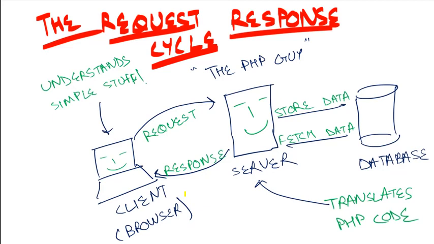And the client unfortunately cannot understand PHP. It can understand simple stuff like HTML and CSS, or maybe some client-side scripting languages like JavaScript, but it cannot understand PHP. So if a client requests a page, and if there is some PHP code in it, then the server has to first parse that PHP code, and it has to send HTML output to the client so that the client can understand and display it, right?